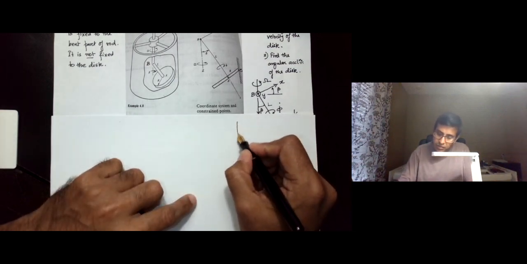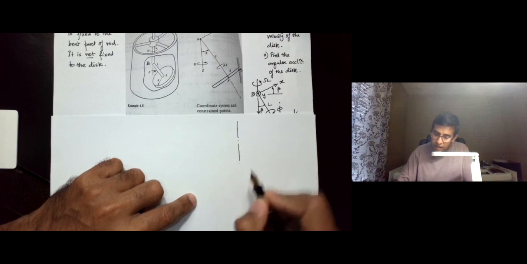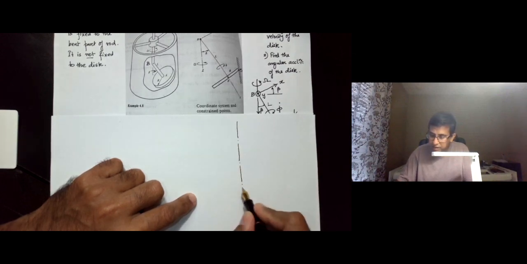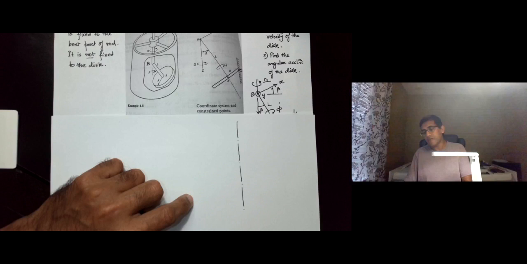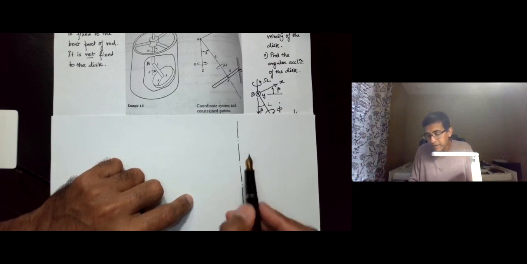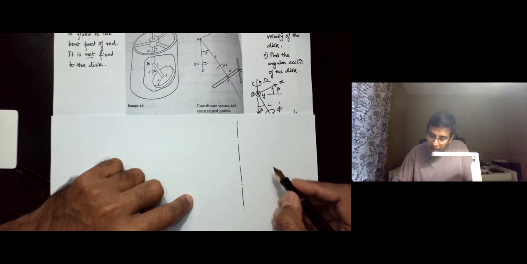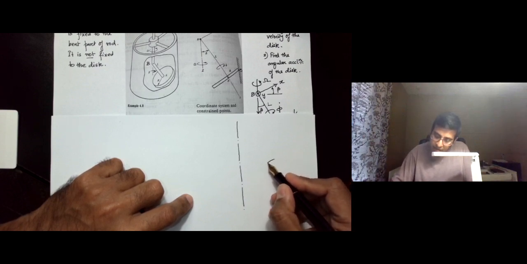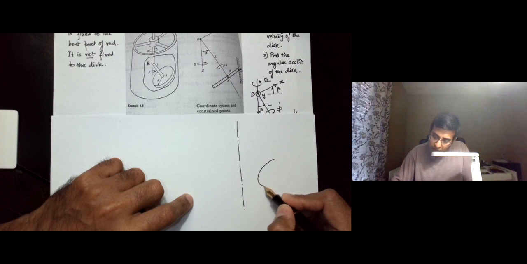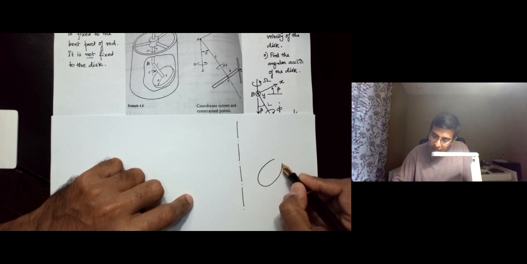So let us assume that this vertical line still represents the vertical axis of the cylinder, and at a particular instant the disk looks like this.